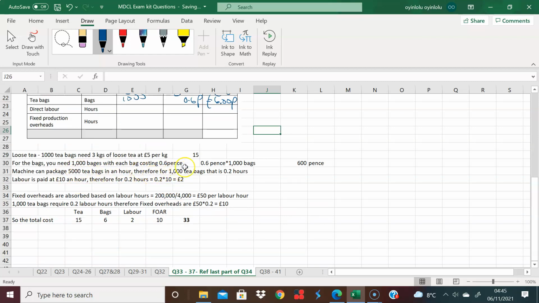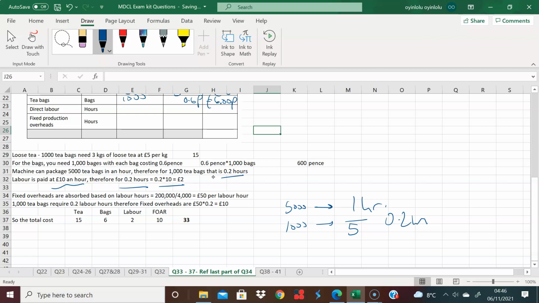Therefore, for 1,000 tea bags, it's 1 hour divided by 5, that's 0.2 hours. So labor at £10 an hour for 0.2 hours is 0.2 times 10, that's £2.